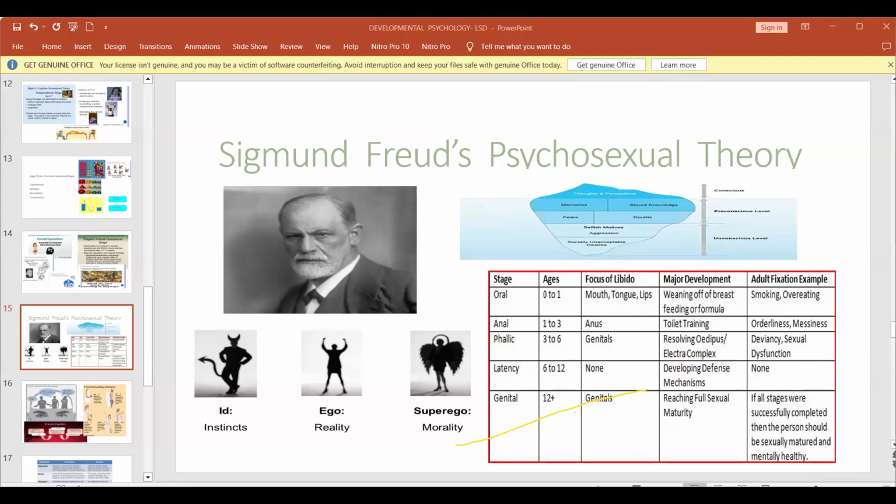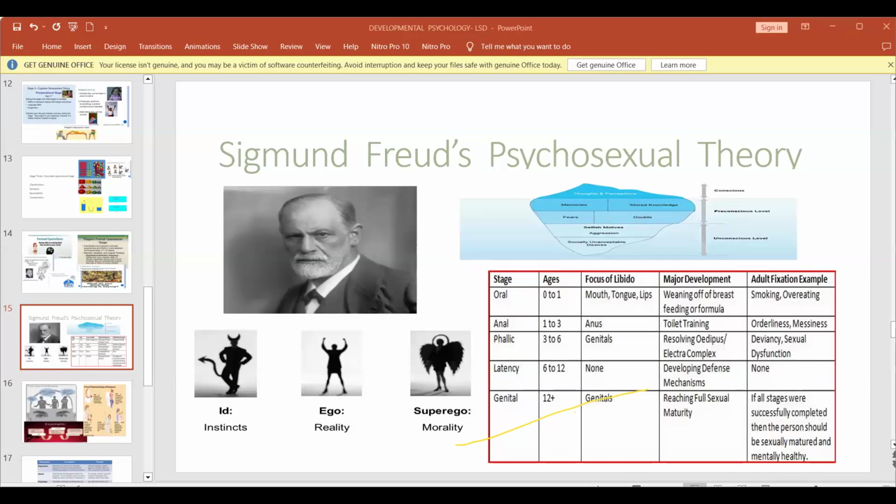The three components of personality are, first one is id, second is ego, and the third is superego. Id is about the pleasure-seeking principle. That is, the baby cries without knowing whether the mother is present or absent.